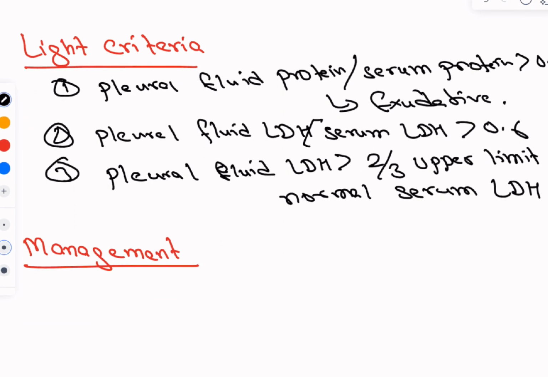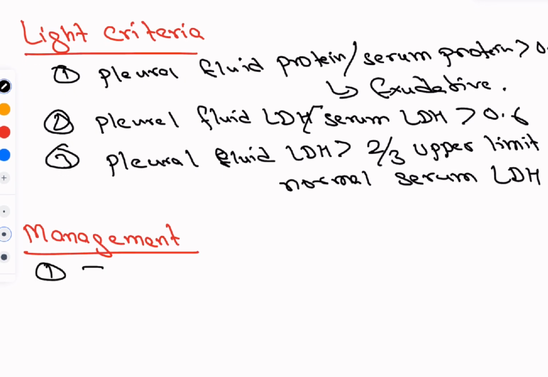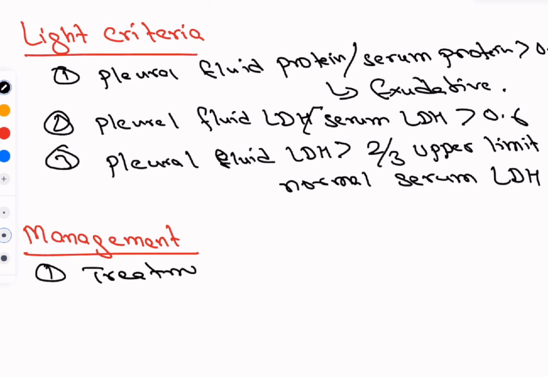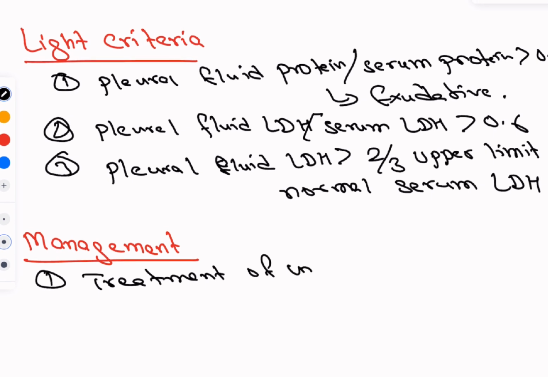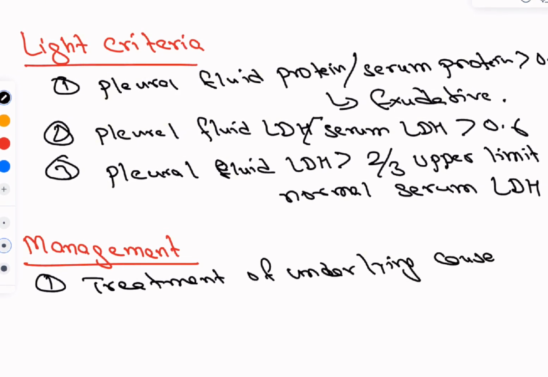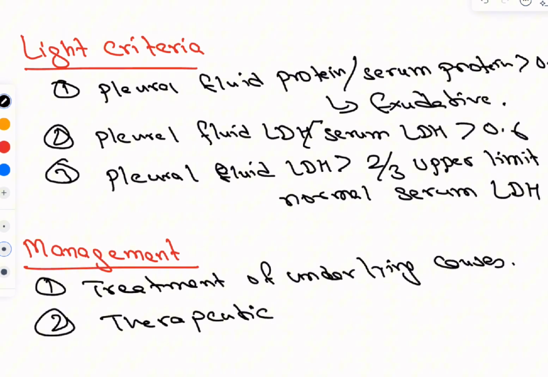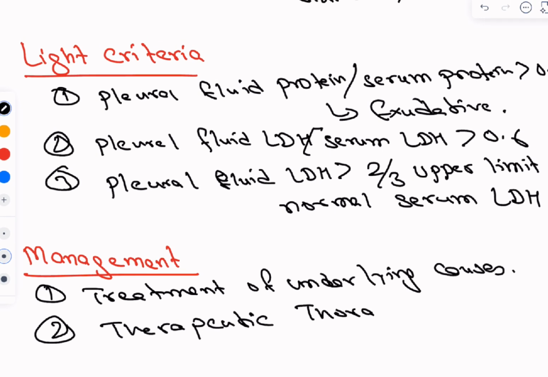Then finally comes management. The first management is treatment of underlying causes. Like if it is congestive heart failure, TB, malignancy, we can treat the causes. Next, we can do therapeutic thoracentesis.